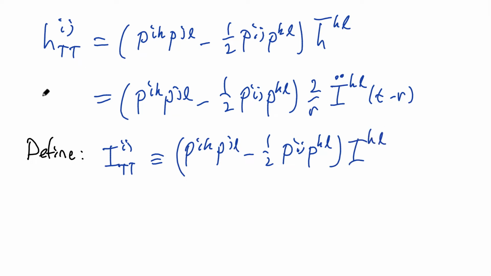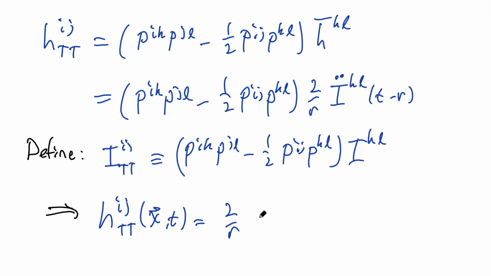Then our result for the metric perturbation in TT gauge becomes h_ij TT, which of course is a function of the field point and time, equals 2 over r times the second time derivative of the TT part of the second moment of the mass distribution as a function of the retarded time t minus r.